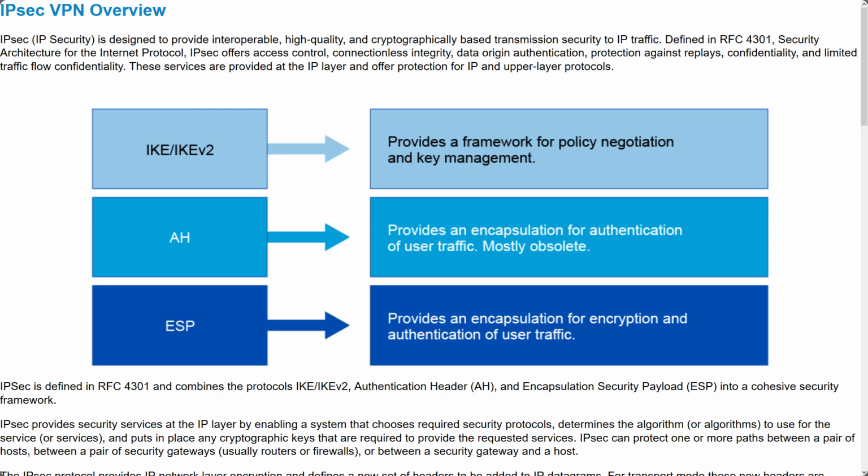It takes the form of a header that actually gets inserted after the IP header, but before the upper layer protocols like you might have with TCP, UDP, or ICMP, and before any of the other IPsec headers that have already been put in place.